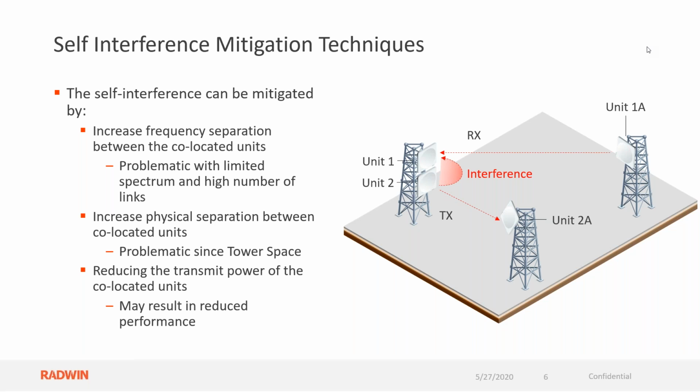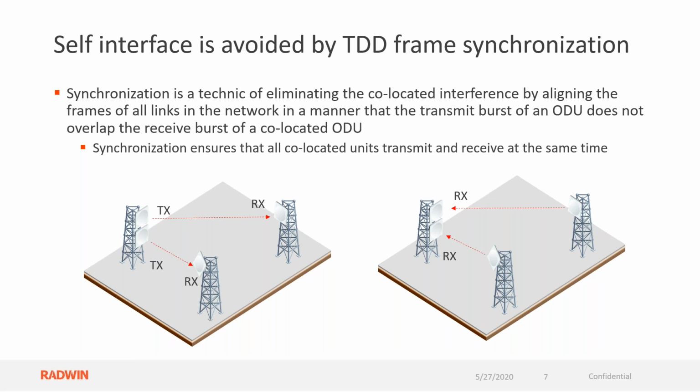So all these techniques, having a bigger gap in frequency distribution, tower space, physical separation, or reducing the TX power, need to be considered, but they are not ideal when we're looking for a solution.